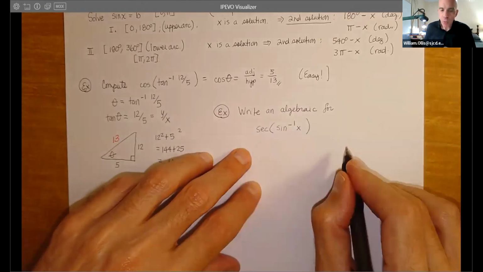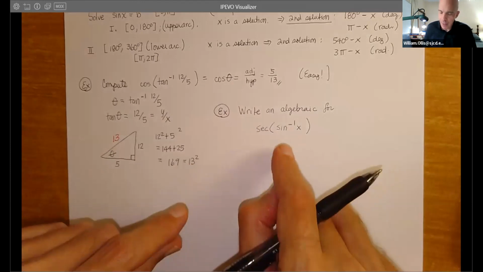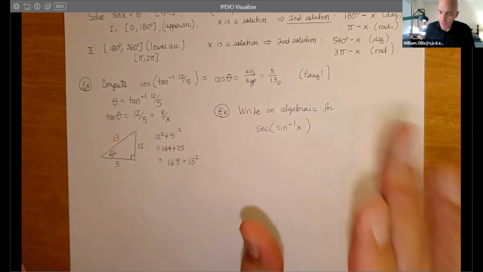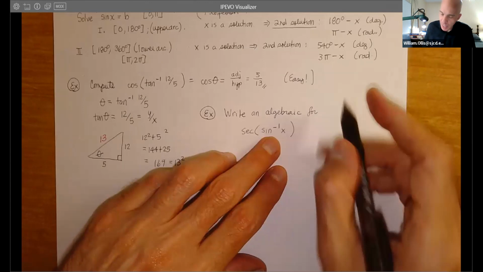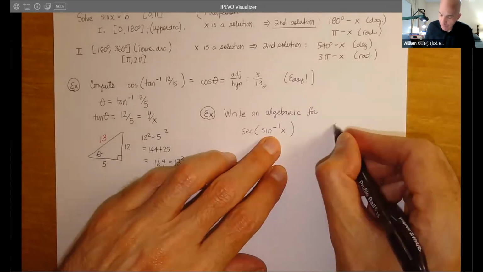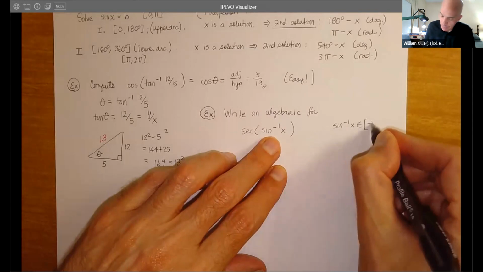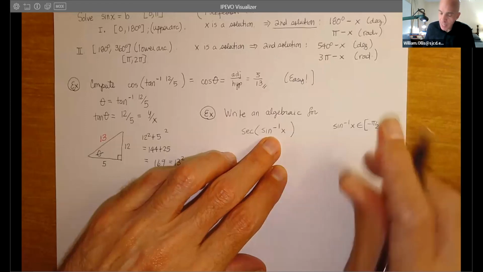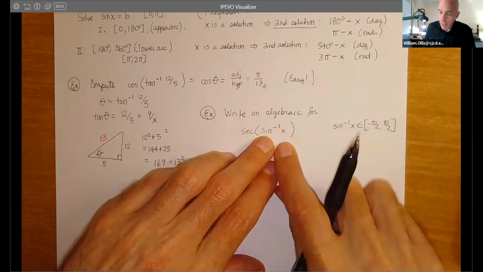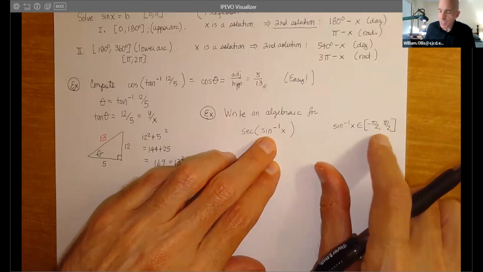Now, when you look at this and you think about what this is saying, you're like, okay, well, the inverse sine lives between negative pi over 2 and pi over 2. So we'll say inverse sine lives here. And as long as I stay away from the endpoints, the secant function has positive values there because the cosine in the quadrants here, namely fourth and first, is positive.